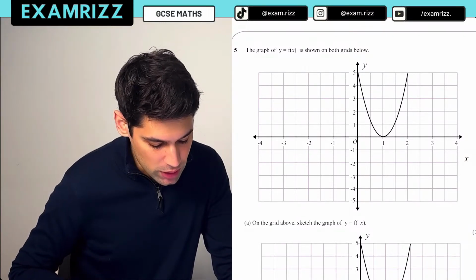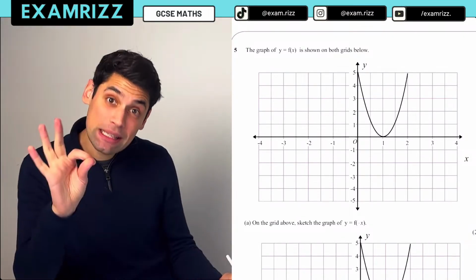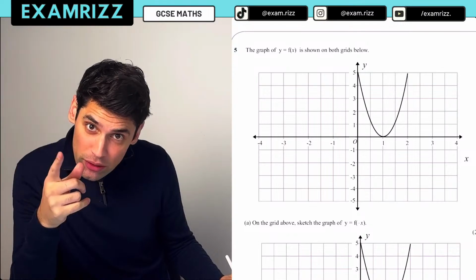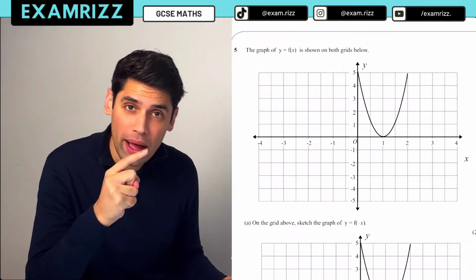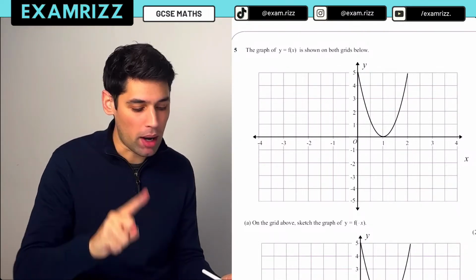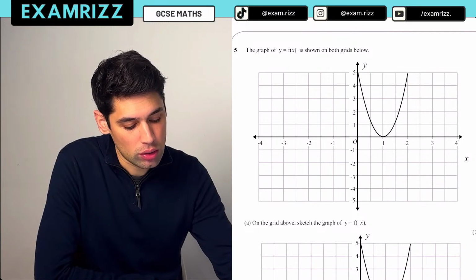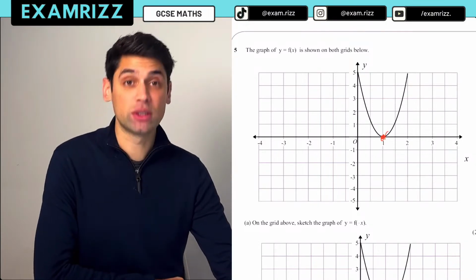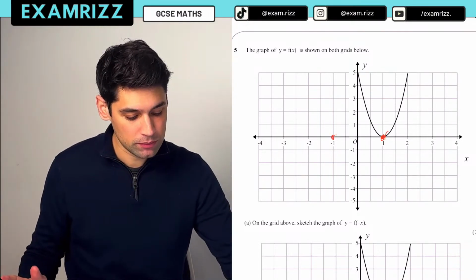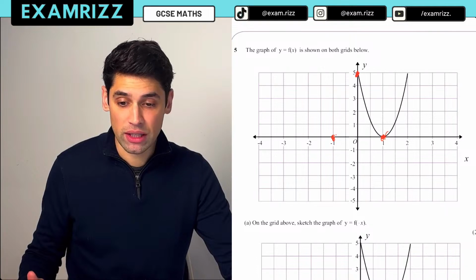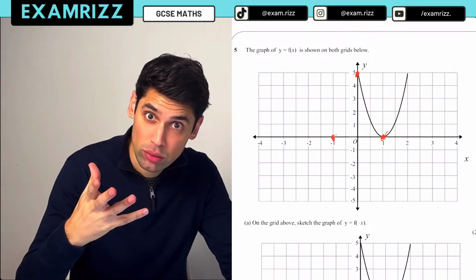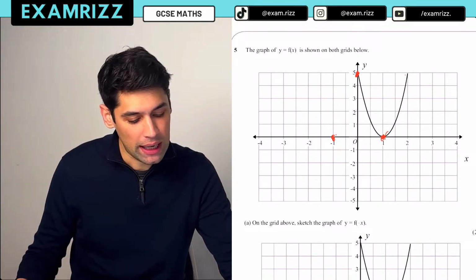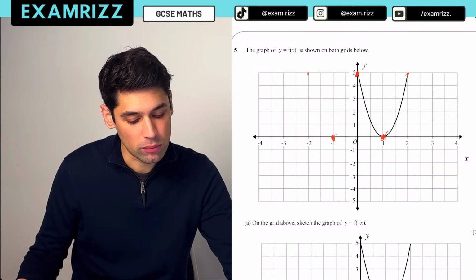Right, they're asking us to sketch y equals f of -x. X transformation. All x coordinates are going to be multiplied by -1. So we have an x coordinate of +1. That's going to become -1. This x coordinate of 0 stays as 0. So it stays right there. And this coordinate of 2 will become -2, all the way over here.